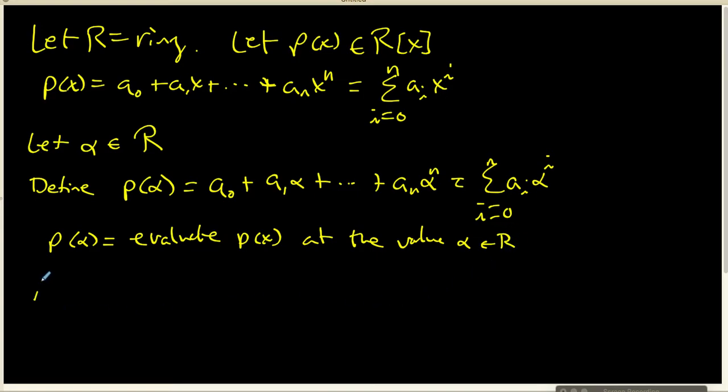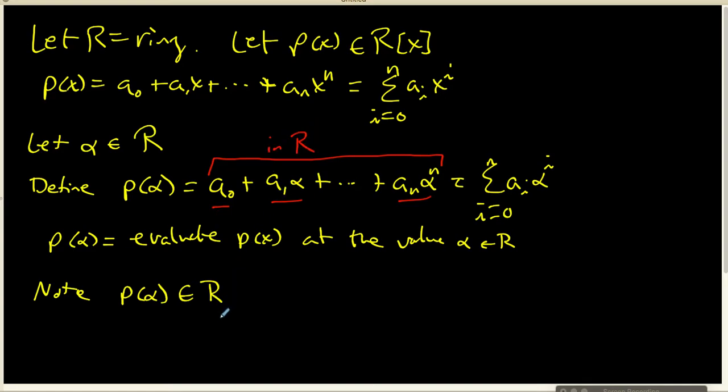And I want to make a note that P of alpha does indeed belong to the ring R, and that's pretty easy to see because each one of these products is a product of things in R, because all of the coefficients are in R and alpha is in R, and a sum of things that all belong to R has to be inside R by the closure of addition.